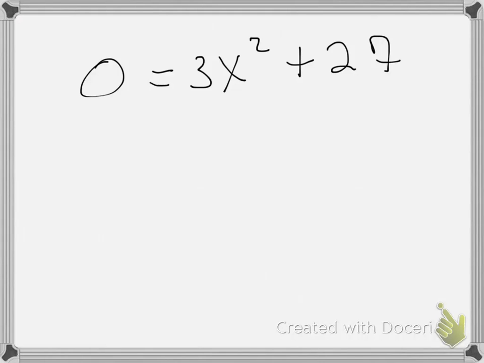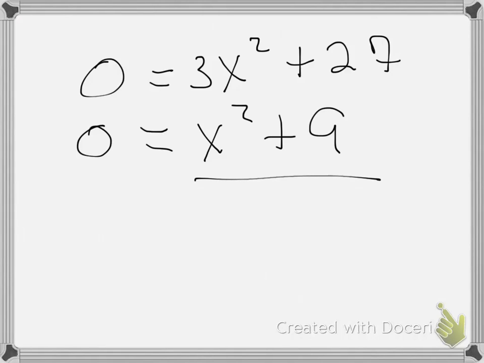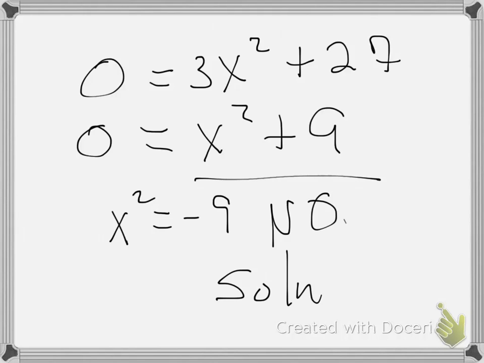Now, the thing about this is, well, I could divide everything by 3. We have to ask ourselves, is x squared plus 9 ever going to equal 0? Or is x squared ever going to equal negative 9? And the answer to that is no. So this has no solution. And that does occur.